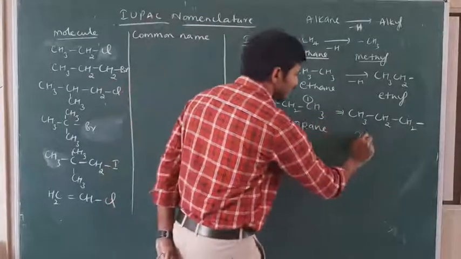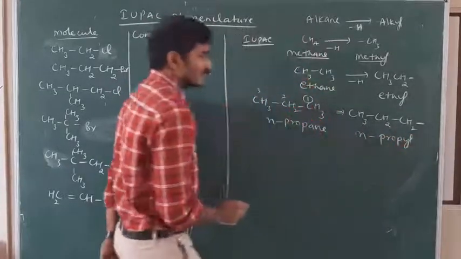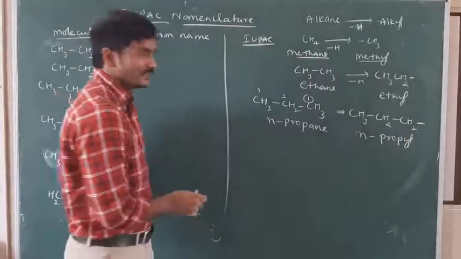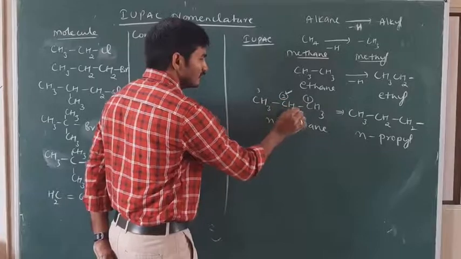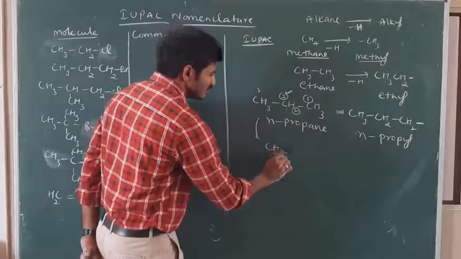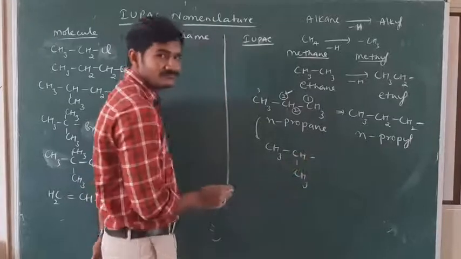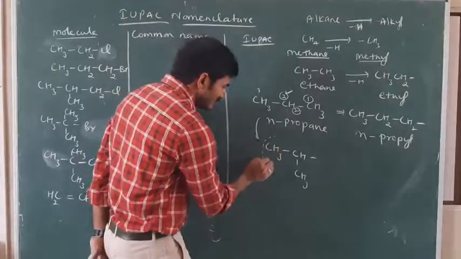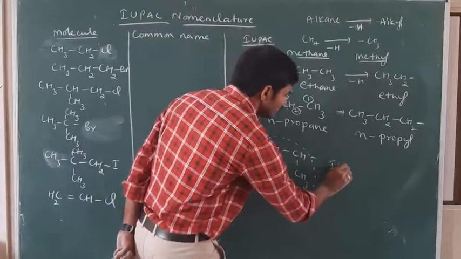So this can be taken as n-propyl. If I remove one hydrogen from the second carbon, what can I write? CH3CHCH3. This particular group, we have to remember, is called iso.